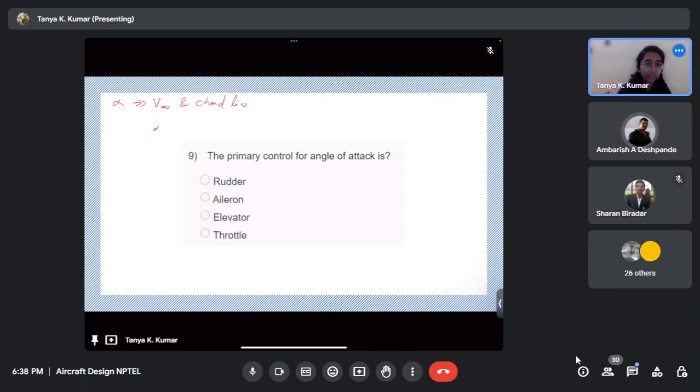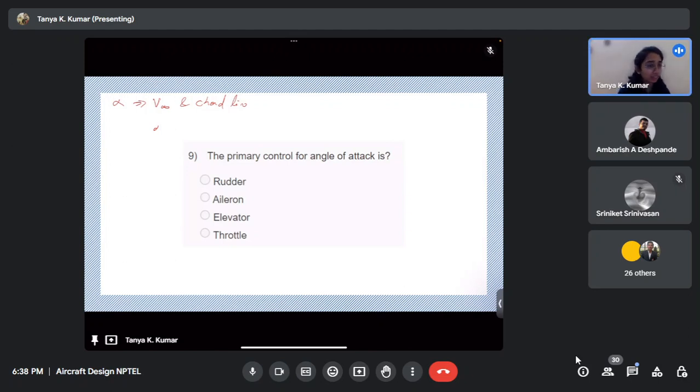So what is the angle that the elevator controls? The attitude, the orientation of the aircraft, there are three angles that we control, right? About the three axes. Yes. So what is the angle that the elevator controls? Pitch. Correct. So this question should ideally have been, what is the primary control for pitch?